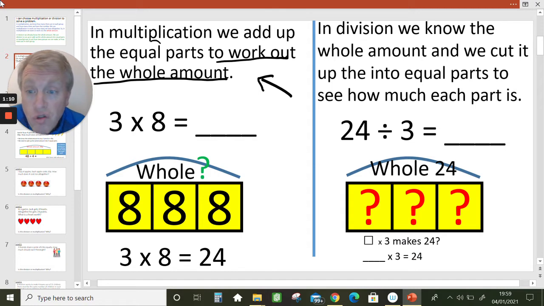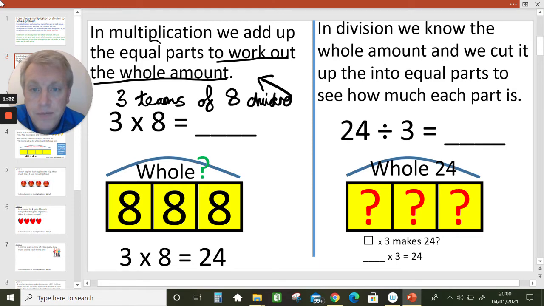So when we draw it, we draw a bar model. And if it's 3 teams of 8 children, we'd draw a bar model that looks like this.